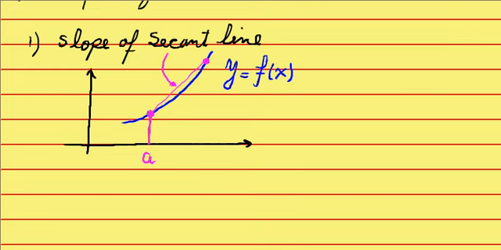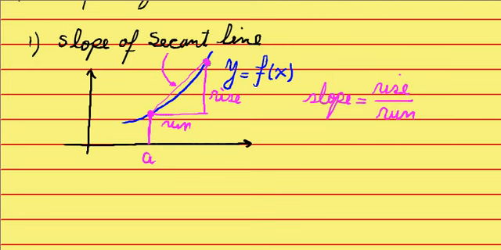So I have to find out how far I have moved horizontally and how far I have moved vertically. I need to know these two and divide them to get my slope. So I have a run and I have a rise. The slope of the secant line is going to be the ratio of rise to run.